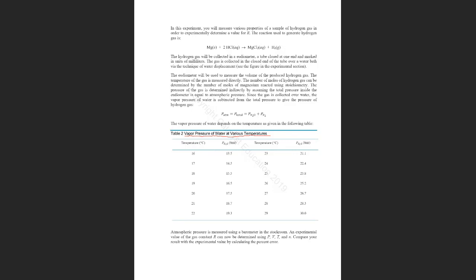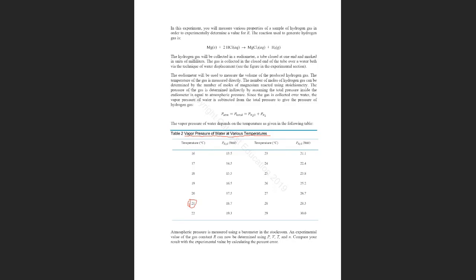We have to look at what is the temperature. In my case, the temperature is 21 Celsius. So I come to the table, you will see in your data, and you have to look at your temperature.